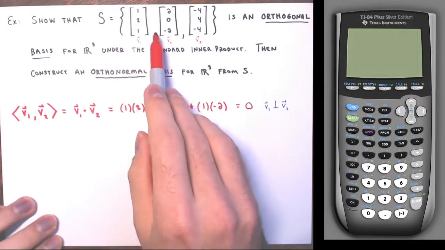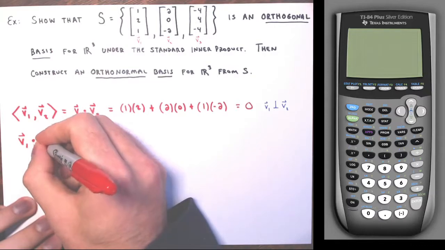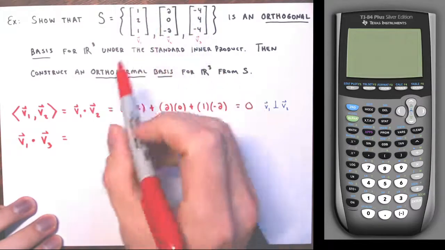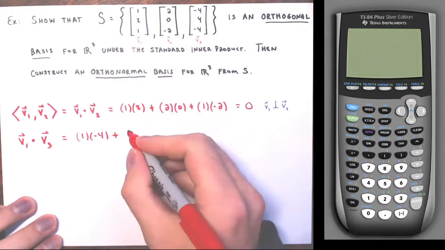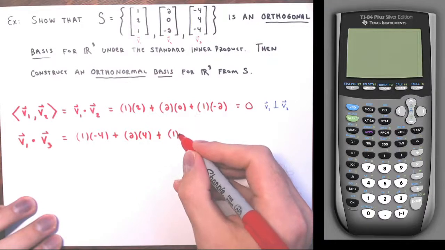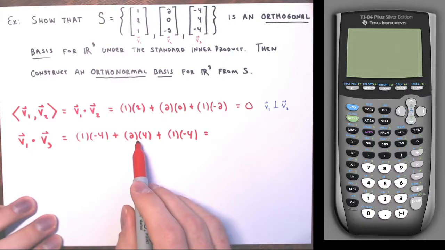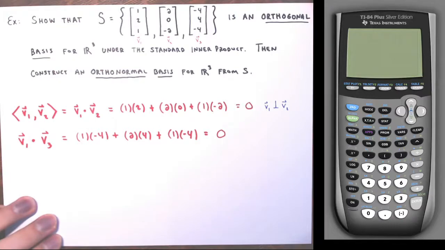Now v1 with v3: 1 times -4, plus 2 times 4, plus 1 times -4. That's -4 plus 8, which is 4, plus -4, which is 0. So v1 and v3 are orthogonal as well.